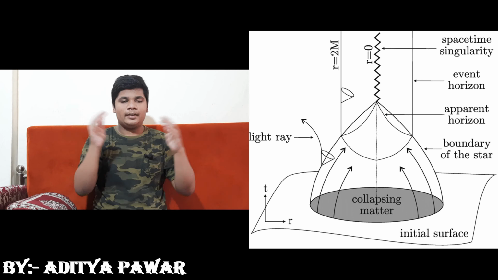As we calculate the physics of this singularity, we take the radius equal to 0 and time equal to 0. But as we calculate according to the Schwarzschild solution, Rs, we have to divide by 0, which is invalid in physics, maths and everything. You can't divide anything by 0.